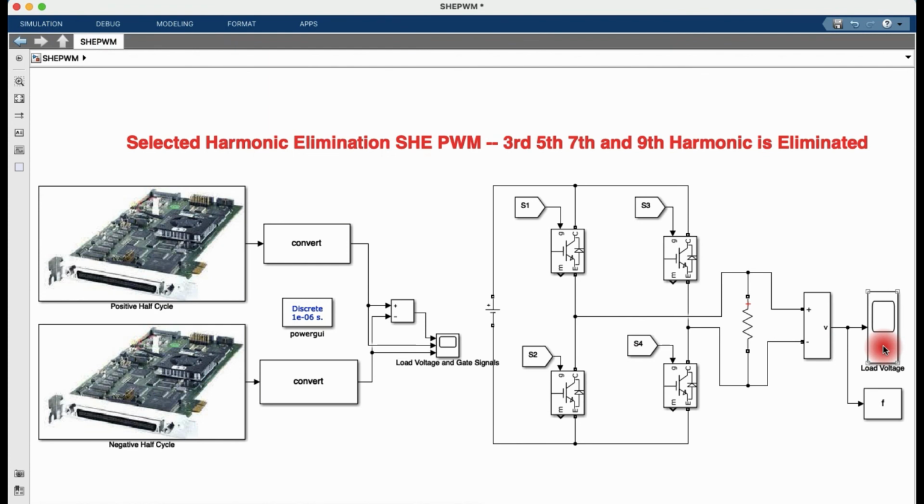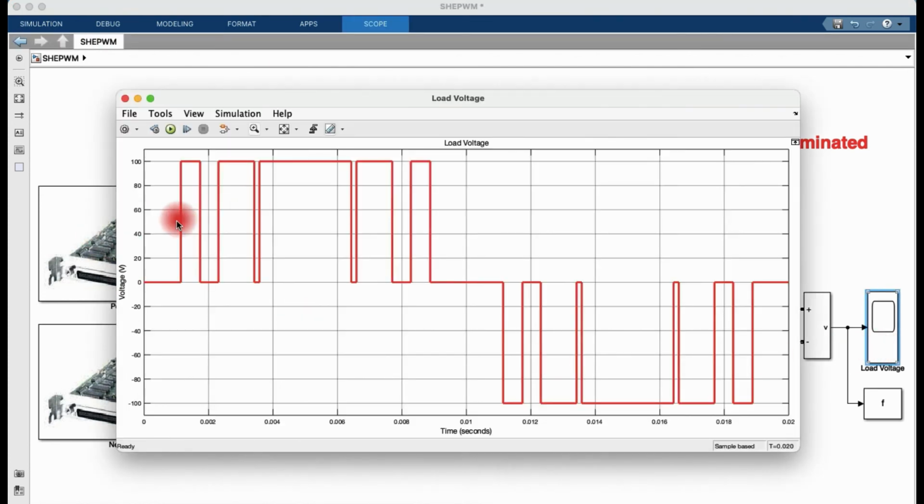If you look at this output, it's a unipolar one, right? 0 plus VDC, 0 plus VDC, and in the negative cycle we have 0 and minus VDC. In the upcoming videos we will discuss the bipolar implementation as well, and more about the selected harmonic elimination technique.